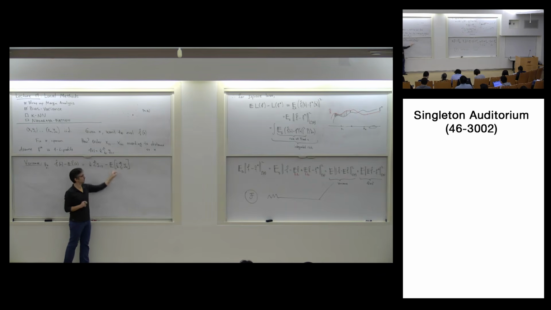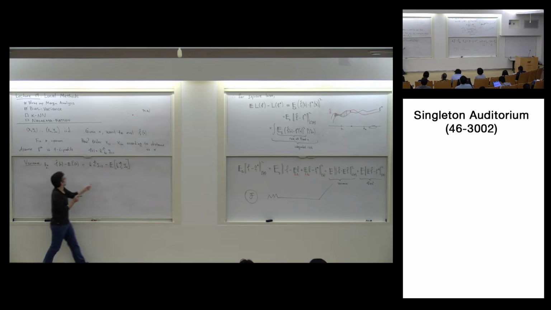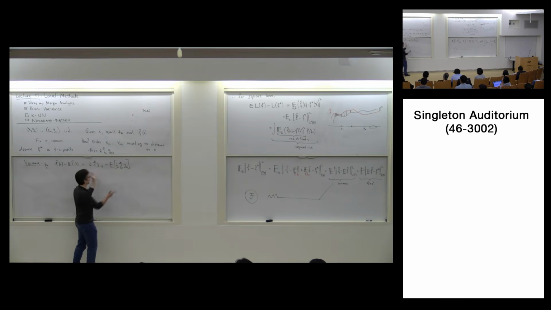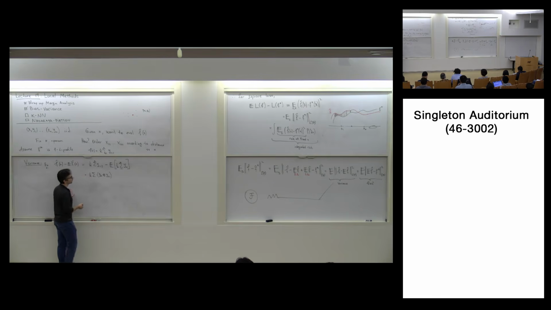The ordering is the same, but the y values are different. But the order of distances to this point is still fixed. So now I can combine them. That's 1 over k sum of y i minus expected y i. Now this is a zero mean random variable. What this is saying is the x's are fixed, so we're working conditionally.